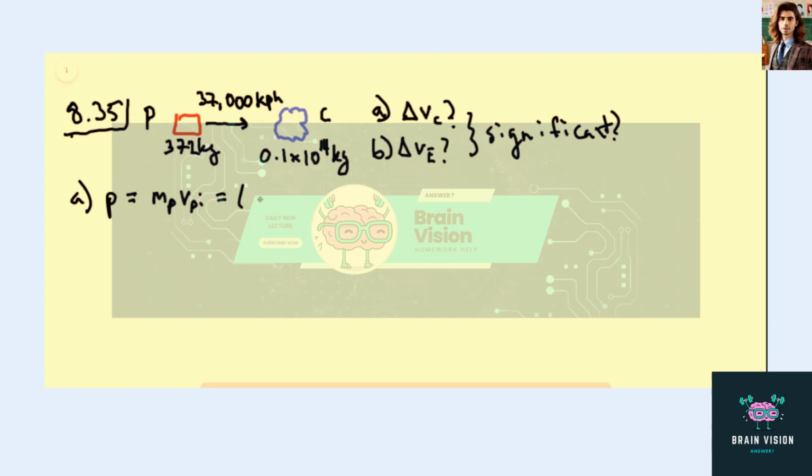And this has to be equal to the mass of the two combined things moving at the final speed of the comet, because we're assuming the comet starts off at rest in the reference frame we're using.